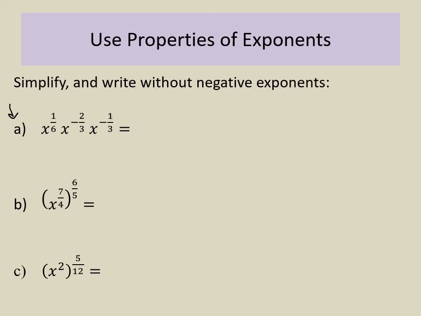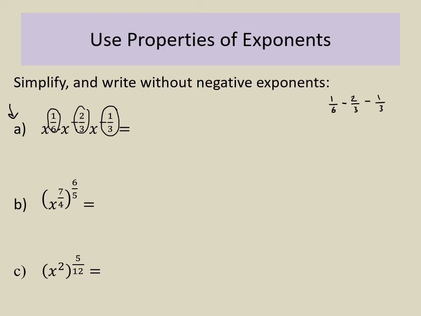Okay, once again, we have multiplication. With multiplication, we use the product rule, which says add all of these exponents together. So let's do that on the side. We're going to have 1/6 plus negative, which is just minus 2/3, and then minus 1/3.